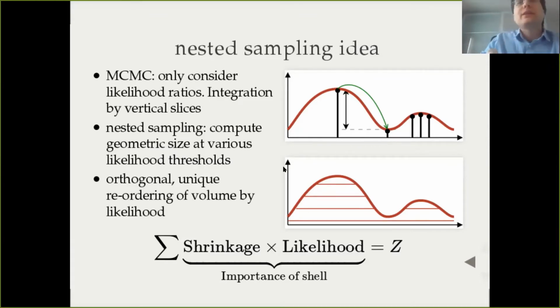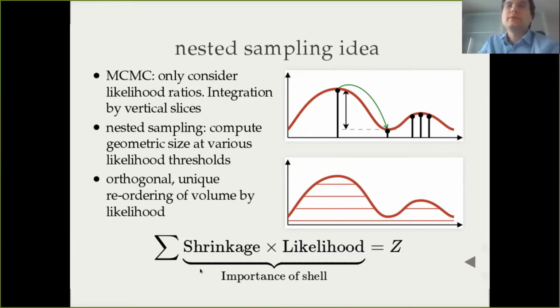In nested sampling, we try to estimate the width of sort of horizontal slabs of the posterior distribution. And if you make slabs like this, you can compute the total integral over this probability distribution as the height times the width of these slabs.